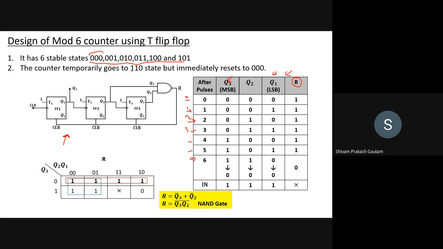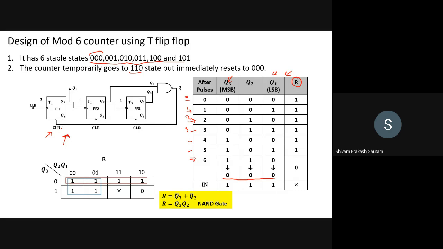When it goes to the 110 state, we want our counter to reset itself. That is, whenever it goes to 110, we want the output to be 0, 0, 0 again. So you can see reset is equal to 0, because we are using an active low clear.